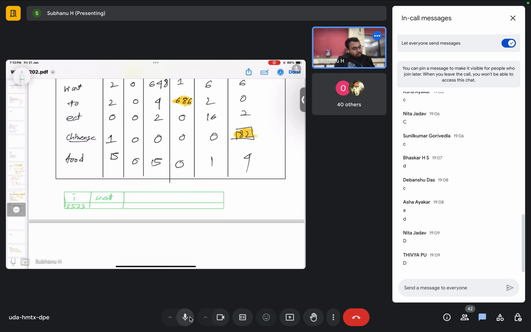I want appears 927 times. Two appears 2410 times. It appears 700 times. Chinese appears only 50 times. This is the raw unigram table. Got it?